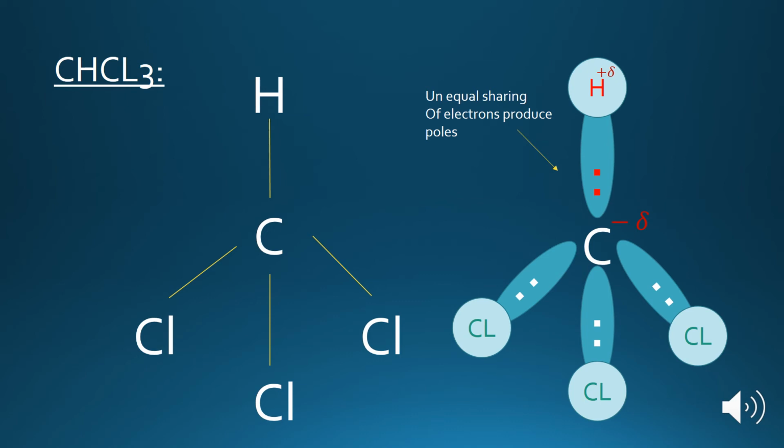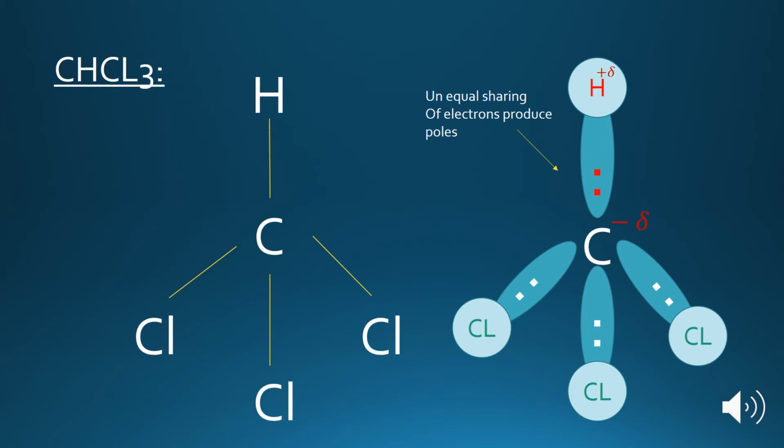Now look here, the central carbon is attached to four atoms: one hydrogen and three chlorines. Due to these dissimilar atoms, there is an electronegativity difference, which must give some dipole moment value.